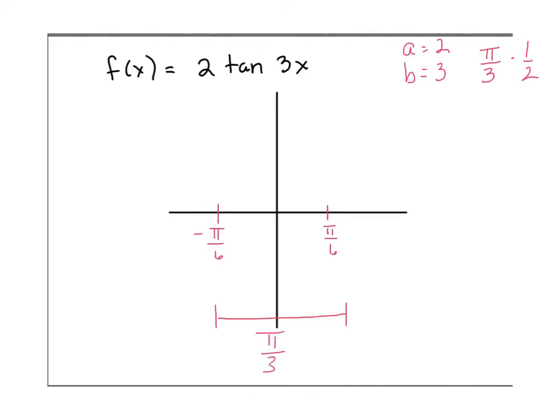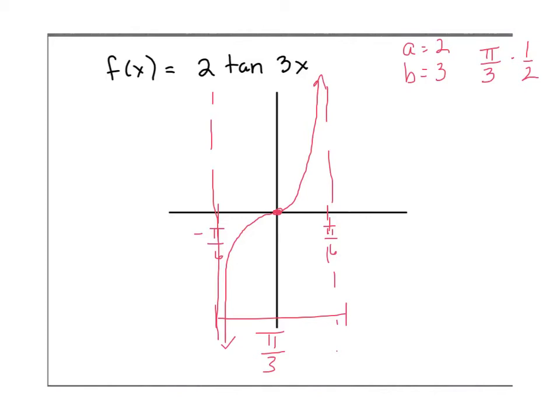So I've got half on either side. Okay, so my asymptotes are going to be there on either side. Okay, and it has an amplitude of 2, so I'm going to draw it like this, and I'm good. Okay, so pi over 3, that's your 2 tangent 3x.